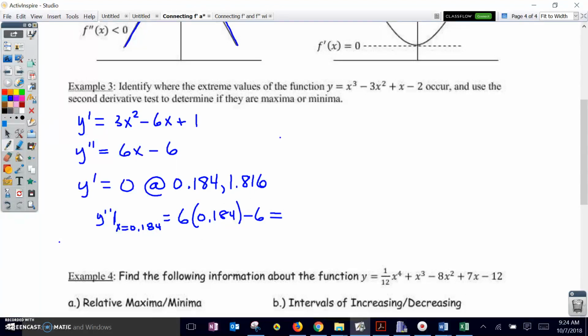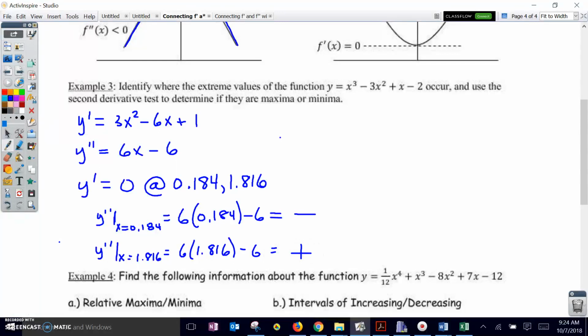I'm not even going to find a value for this. I can tell from this that it's going to be a negative. And y double prime at x equals 1.816 is going to be a positive.